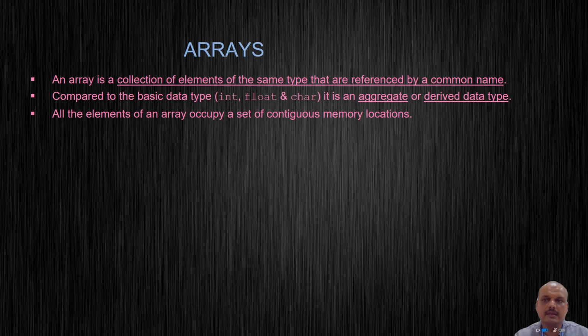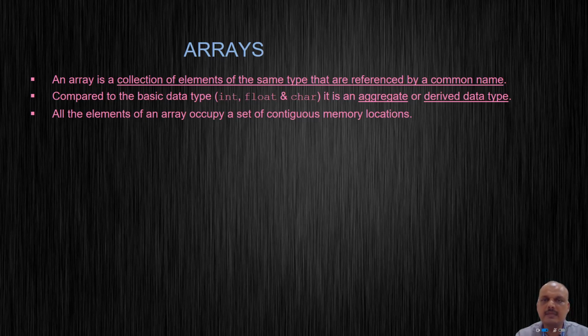Arrays. What are arrays? Arrays are collections of elements of similar type. The elements that we are referring to are the primary data elements of C. As we have seen in our previous lectures, there are 5 primary or primitive data types: integers, floats, characters, double and void.